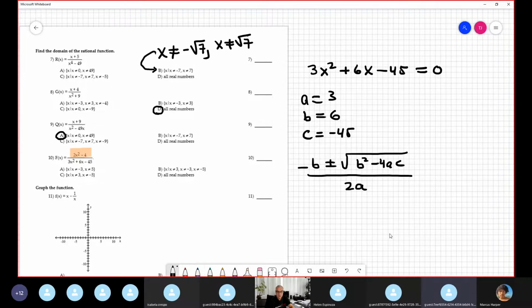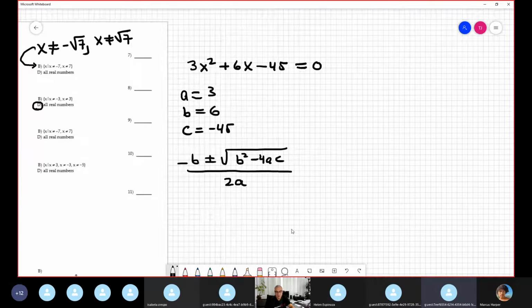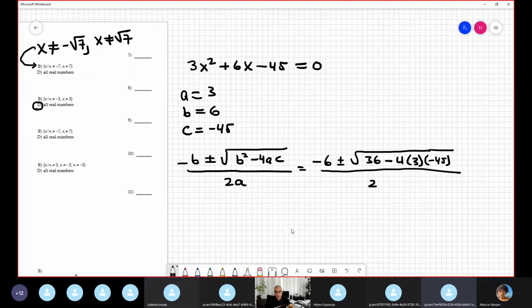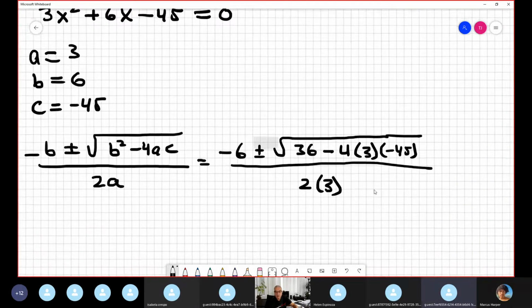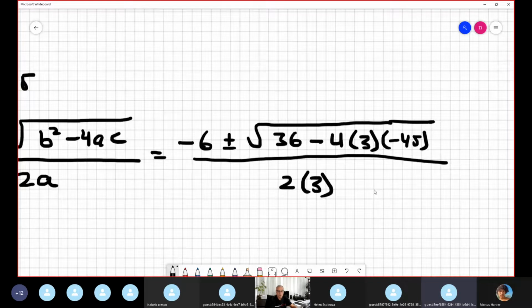B is 6. My formula has a minus in front, and 6 is positive, so negative 6 plus or minus the square root of 6 squared, which is 36, minus 4 times 3 times negative 45, divided by 2 times 3. We focus on the expression inside the radical. Be careful with the signs.